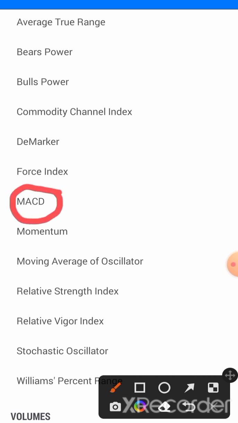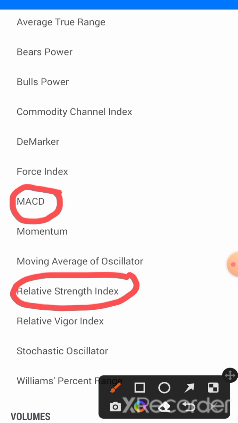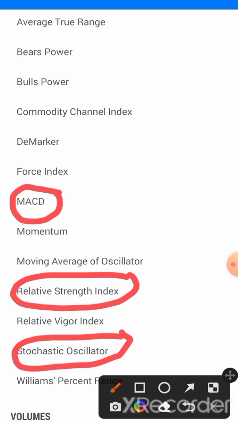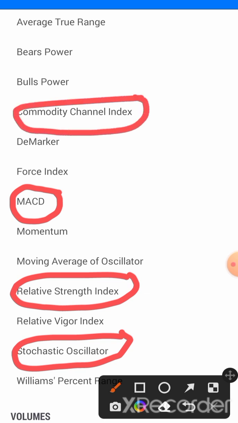If you stayed longer on my channel, you will know how much I love to use this indicator. Another indicator I love to use is the relative strength index. Another one I love to use is the stochastic. There are other ones you can use, the CCI indicator and all of that. They are all very useful and help to spot divergences in the market.